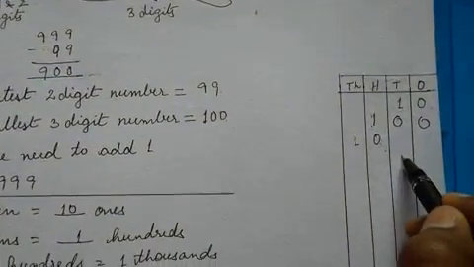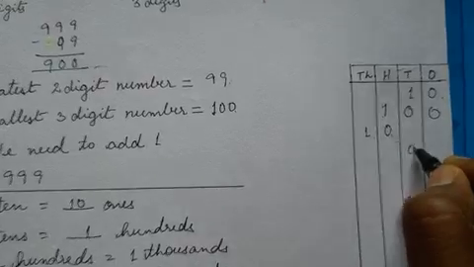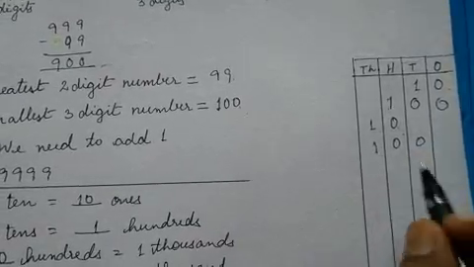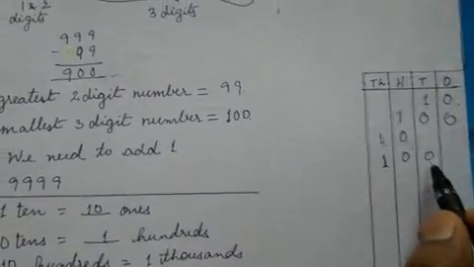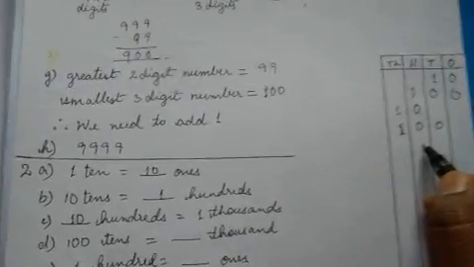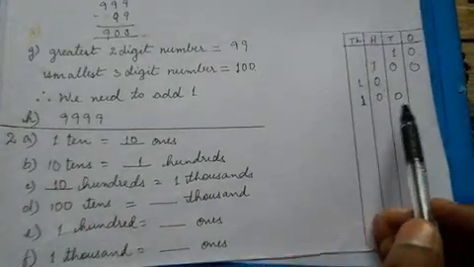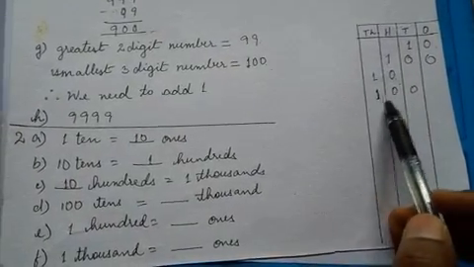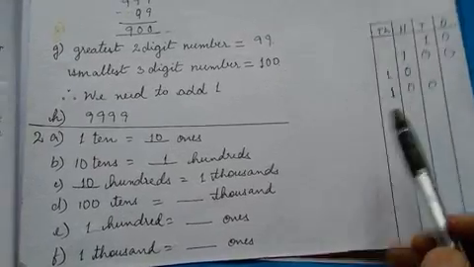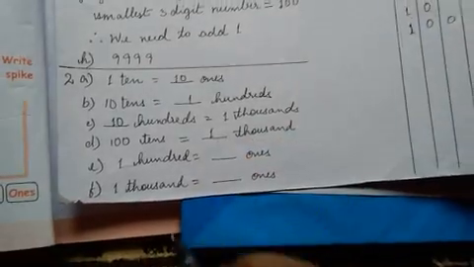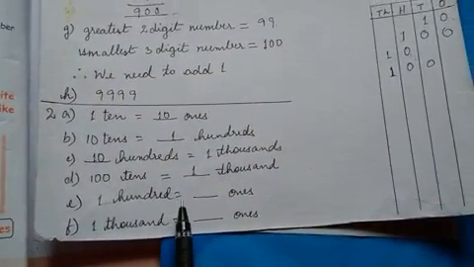From the tens place, if we write 100, this is 100. Our question is, 100 tens is how many thousands? From the tens place, if we write 100, this becomes 1000. So this is 1000.